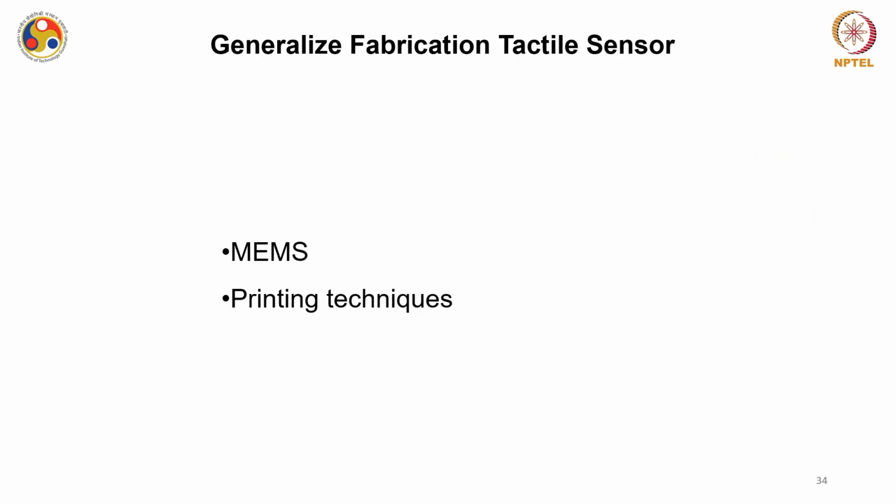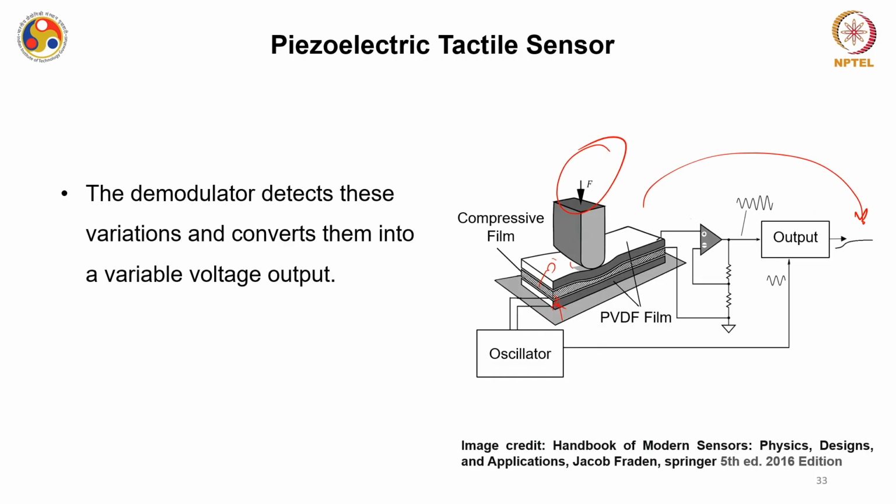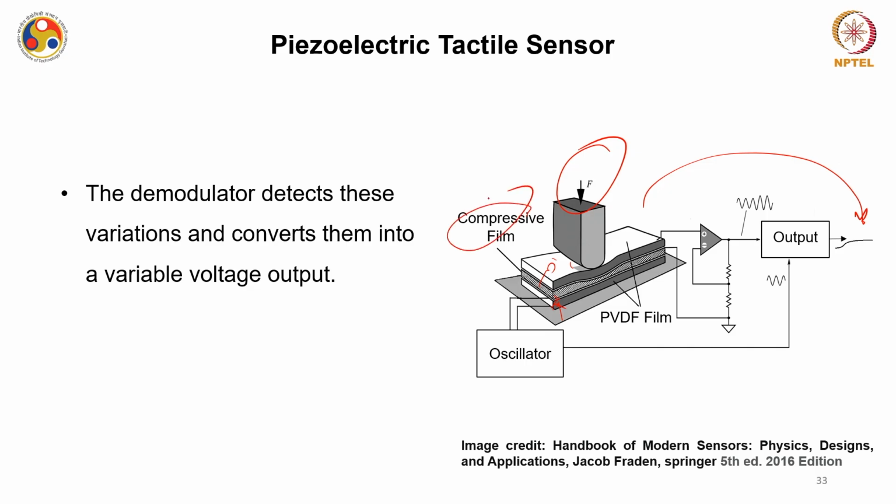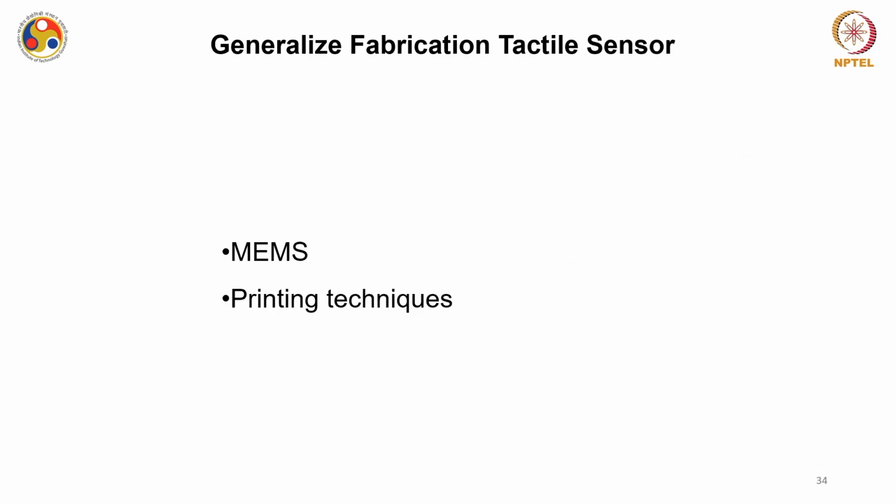Now, this is a simple structure. It can be fabricated by depositing this PVDF film on some substrate. You can also deposit this compressive film, and usually these structures are bulky in nature. We also have advanced techniques for fabrication of piezoelectric tactile sensors, which are usually MEMS based.